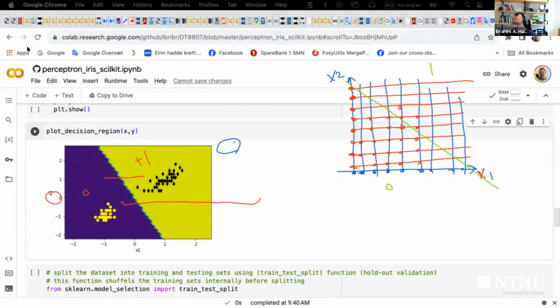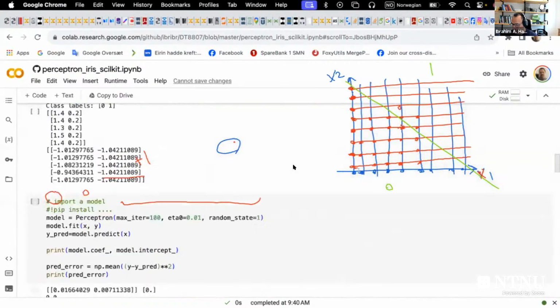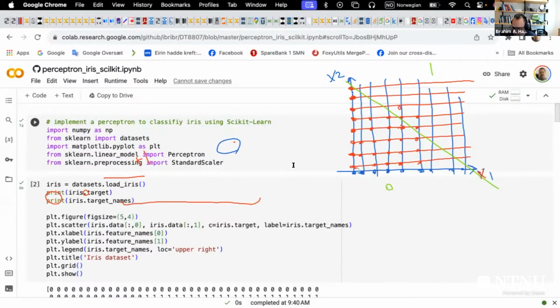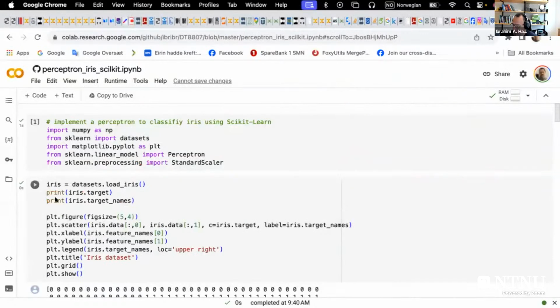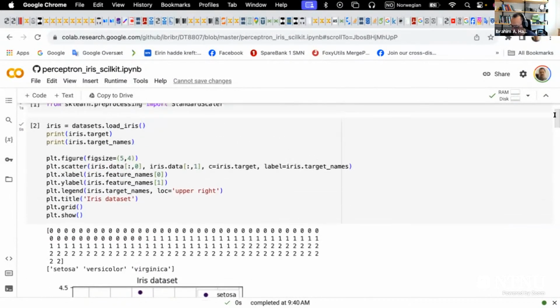But we did something wrong here, as I told you from the beginning, because we didn't split our data, as you can remember.